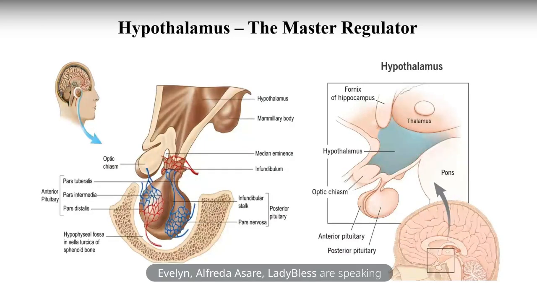Pars distalis. Okay, what's the name given to the topmost portion of the anterior pituitary? Pars tuberalis. Okay, what's the name given to the body of the posterior pituitary? That's the pars nervosa.